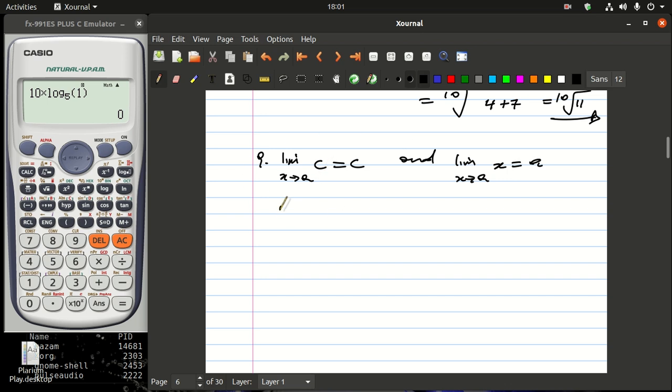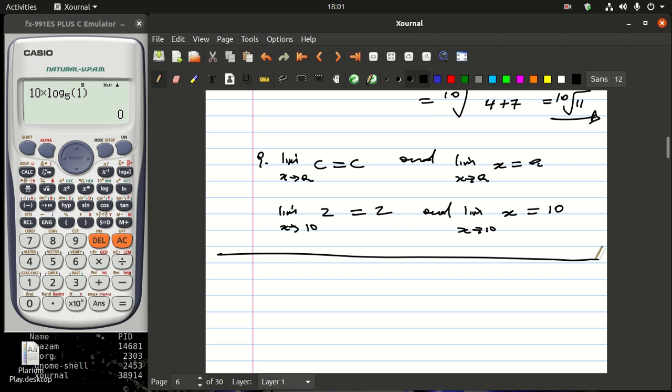So if someone says find the limit as x approaches 10 of 2, you know that the limit of a constant is just that constant. It's as simple as that. And if someone says find the limit as x approaches 10 of x, you just have to plug it in, and you get 10. That's how easy these limits are.